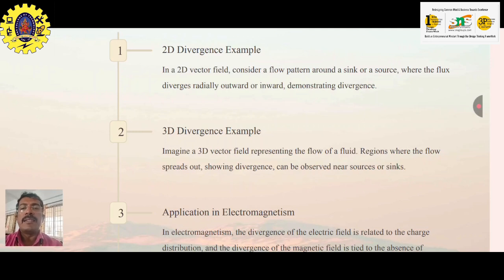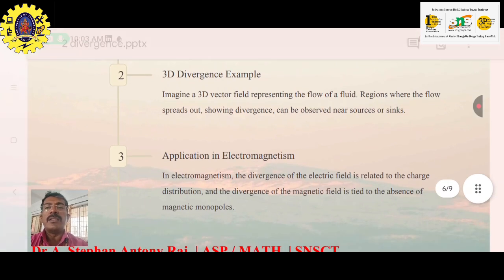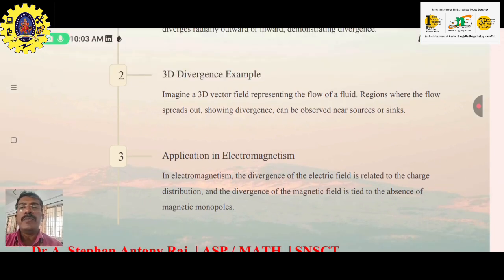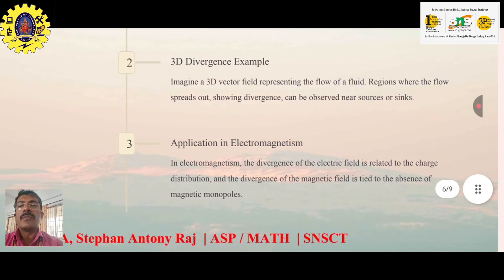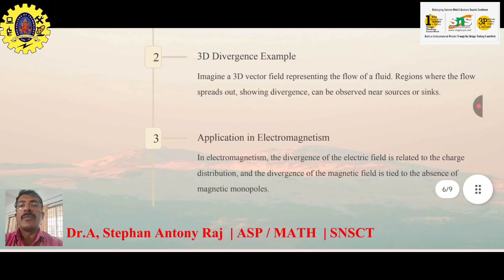So, as the next application we can work with applications in electromagnetism.